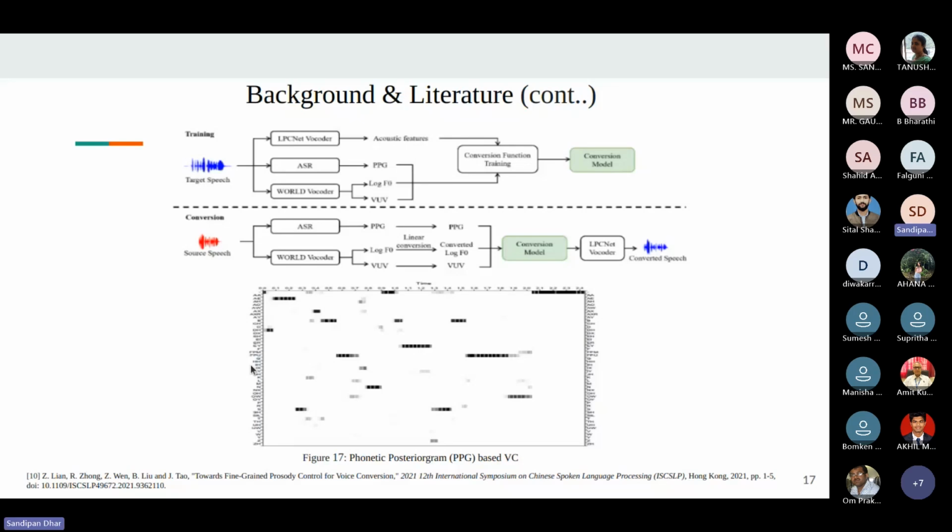From the phonetic posteriorgram we can get, at a particular time instant, what the associated phone is. Based on this information, mostly for cross-lingual voice conversion, you use the phonetic posteriorgram with another deep learning model to perfectly convert the feature from one linguistic content to another.